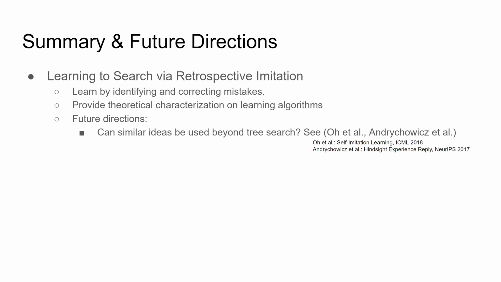So actually there is existing work that uses the idea of identifying what's the best in retrospect or in hindsight. But those are similar, but not quite what we want, in the sense that there are different procedures in identifying the mistakes in this learning process that can generalize beyond tree search.